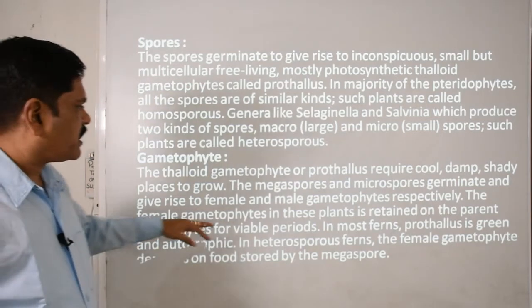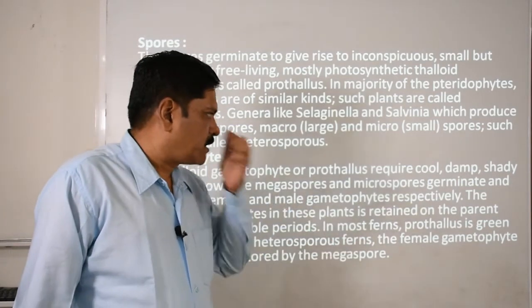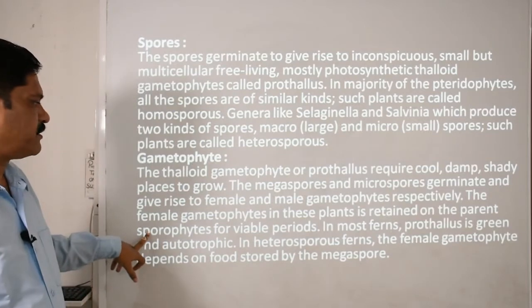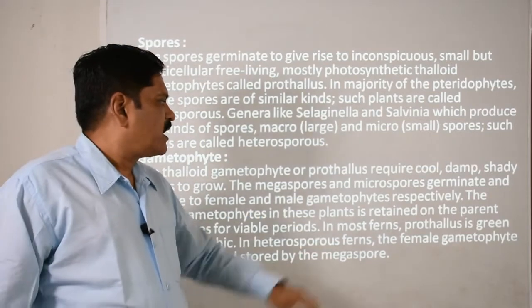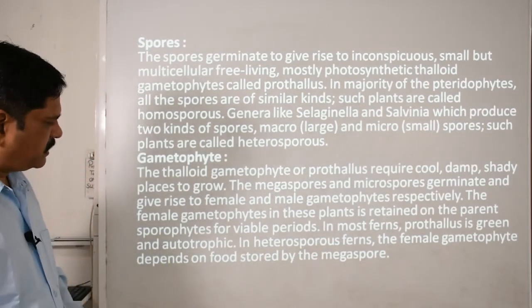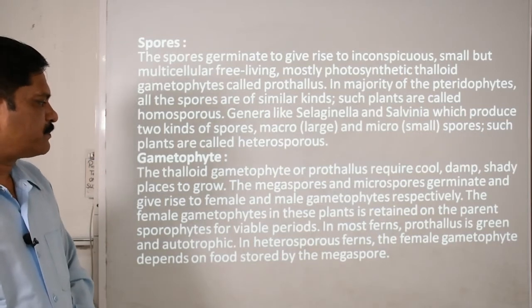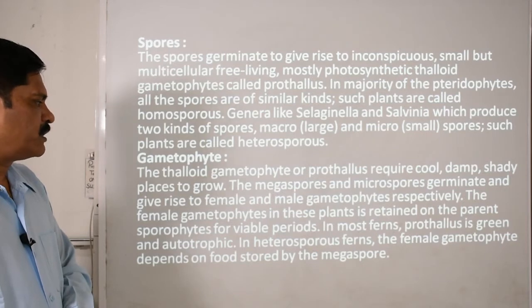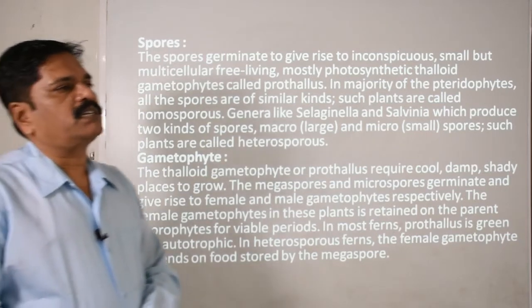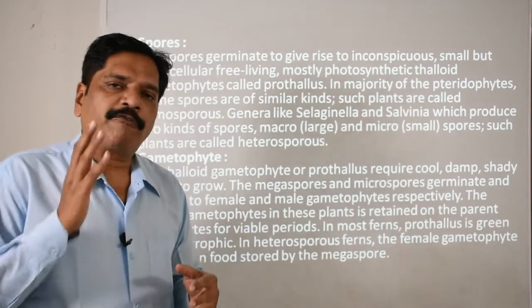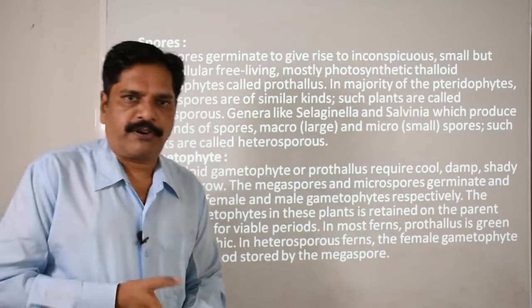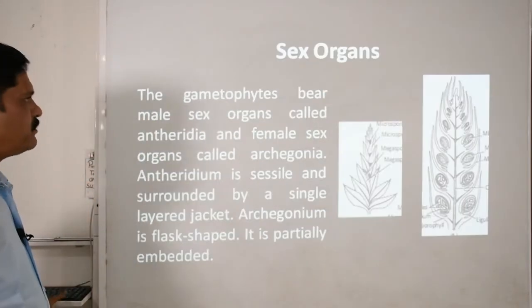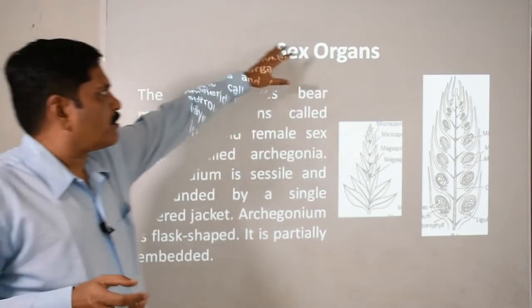Now the female gametophyte in this plant is retained on the parental sporophyte for variable periods. In most ferns the prothallus is green and autotrophic, and in heterosporous ferns the female gametophyte depends on food stored by the megaspores. So basically the female gametophyte depends on the sporophyte while the male gametophyte lives totally separately. Clear?